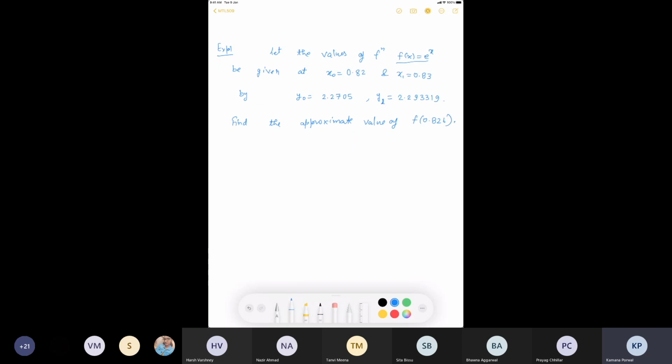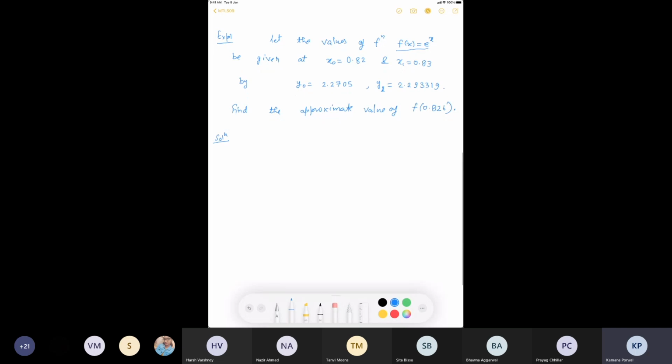But let's write down the polynomial which we will be able to get using these 2 values. We are given x0 and x1, that is 2 data points, so we can find the linear interpolating polynomial.